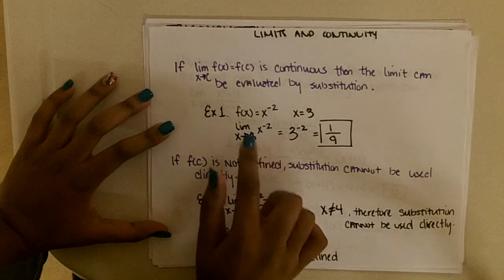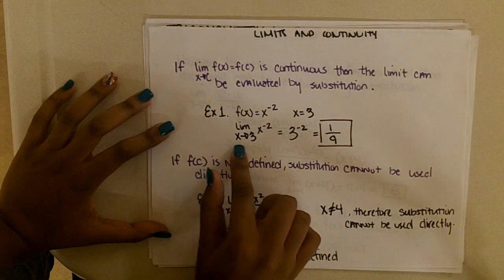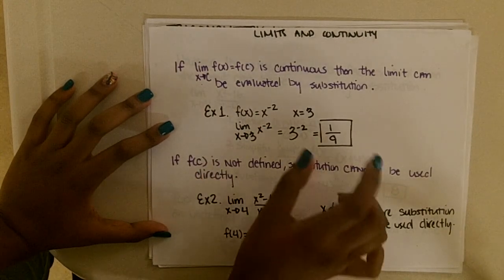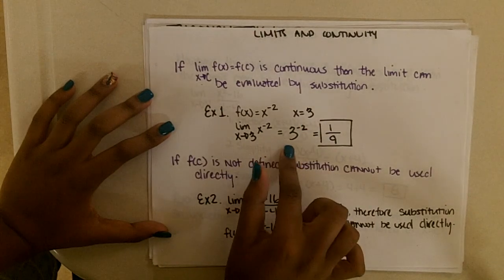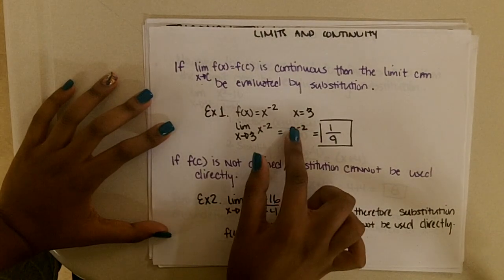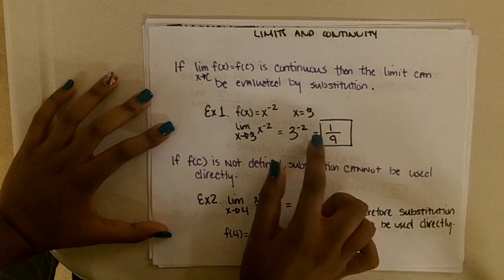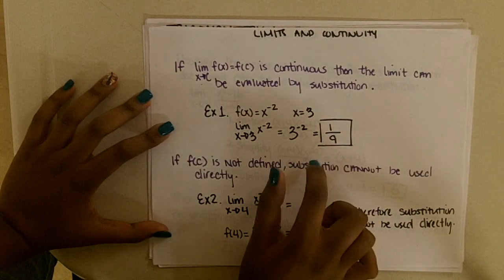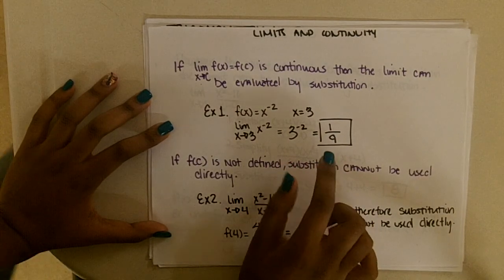So, the limit of x to the negative second as x approaches 3. 3 is x, so by direct substitution, 3 to the negative 2 power equals 1 over 9, which exists.